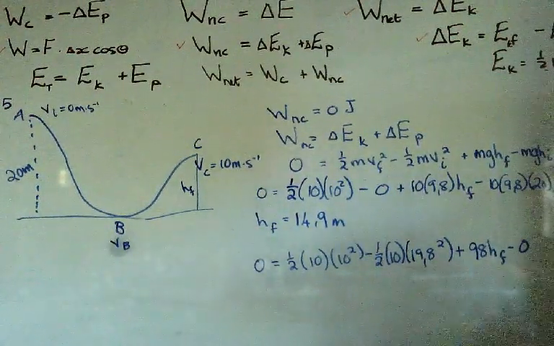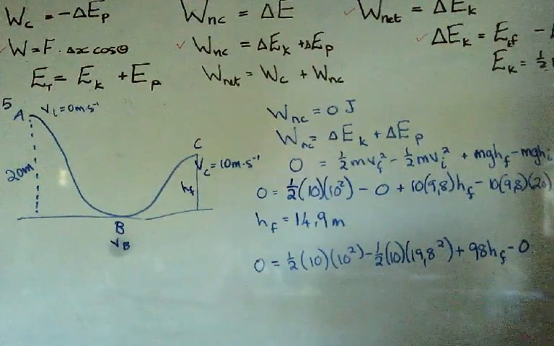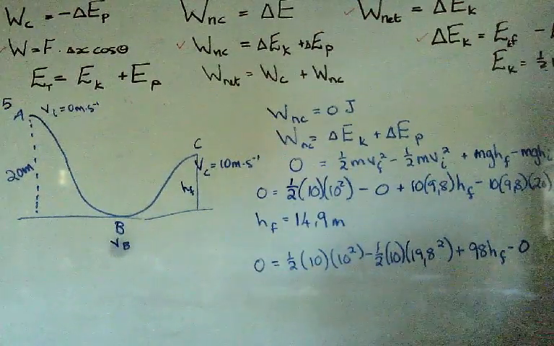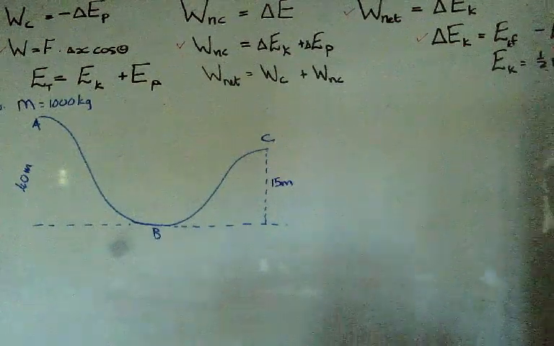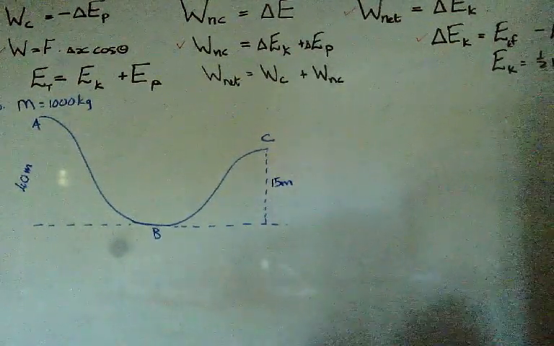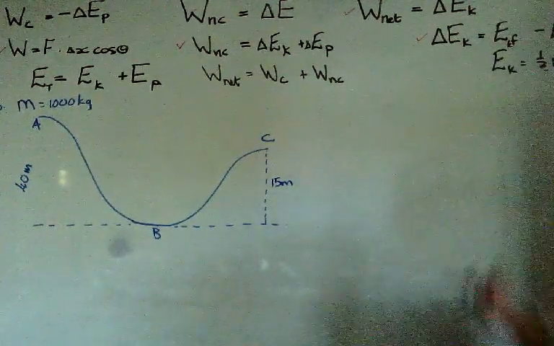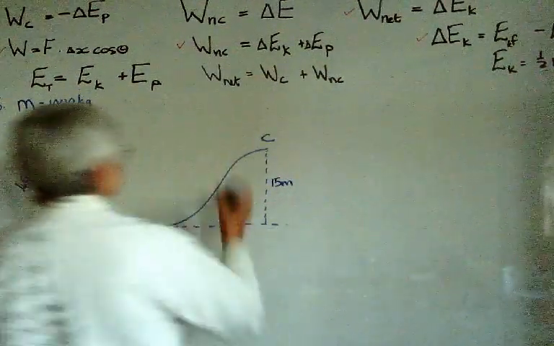There's no friction, so the principle of conservation of mechanical energy applies. You could go like we did at the previous one, or you could say that the total initial mechanical energy equals the total final mechanical energy.